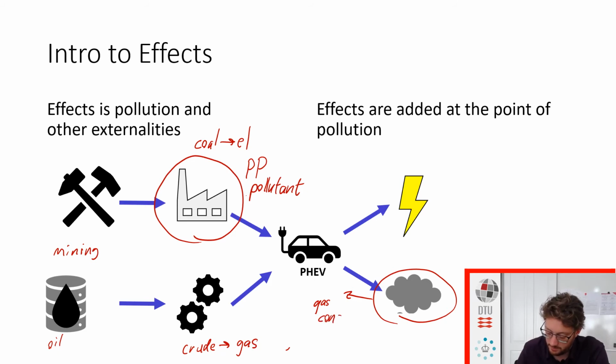That really shows this pollutant. So if you were to model that in LEAP, it is important that for the electricity side, well, we don't want to put the pollutant on the electricity itself. No, we want to put it exactly on the point of pollution, which is in power plants in this case.